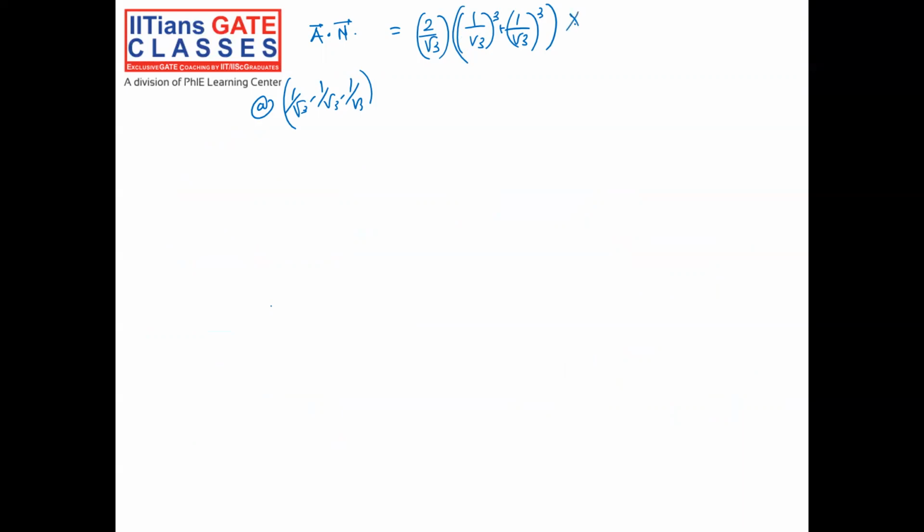So I will just multiply with a 3 to make it simpler. If you solve it, it is 2 by root 3. 1 by root 3 whole cube is 1 divided by 3 root 3, plus again 1 divided by 3 root 3, so it is 2 divided by 3 root 3. Multiply by 3.